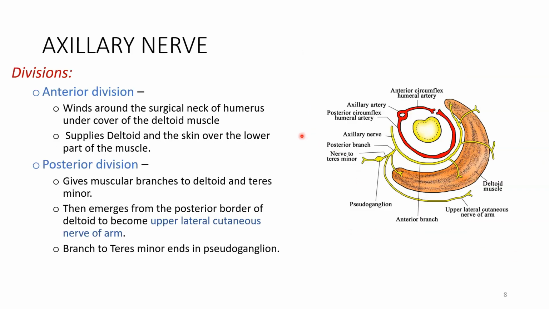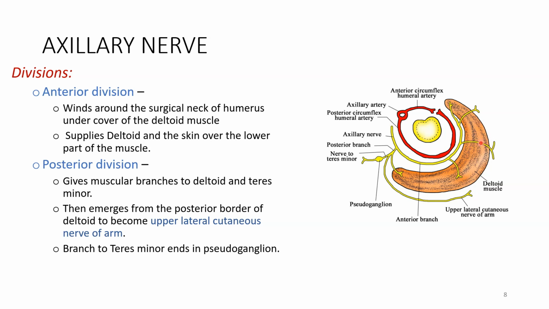And coming to the anterior division. So look at the axillary nerve, its anterior branch and posterior branch. The anterior branch, if you follow, it is winding round the surgical neck of humerus under cover of deltoid muscle, and it supplies the deltoid muscle and the skin over the lower part of the muscle.